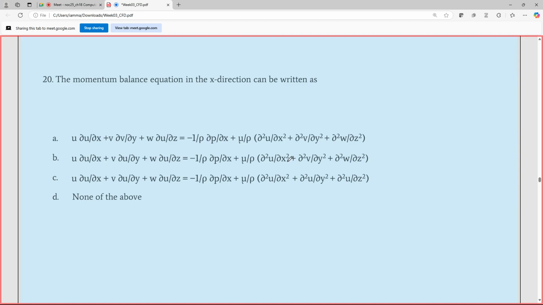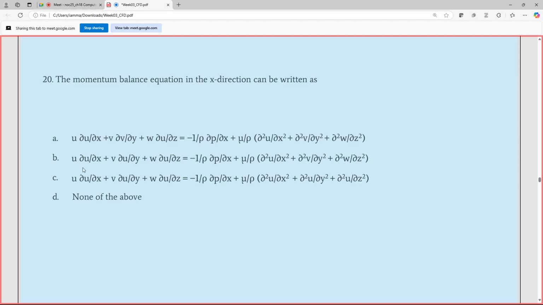Next question. The momentum balance equation in x direction can be written as which of the following? Option A, u times dou u by dou x plus v times dou v by dou y plus w times dou u by dou z is equal to minus 1 by rho times dou p by dou x plus mu by rho times dou square u by dou x square plus dou square v by dou y square plus dou square w by dou z square.